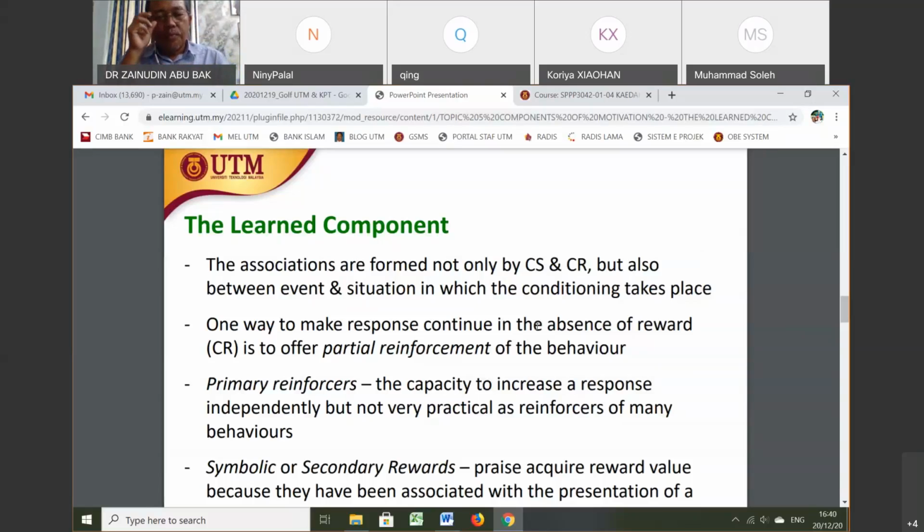Those are the indicators that they have positive attitudes towards learning. What we don't want them to develop is, for example, they don't like to learn, they don't like to put in effort, they don't like to do exercises, they don't even like to read, right? We don't want them to develop this kind of attitude.